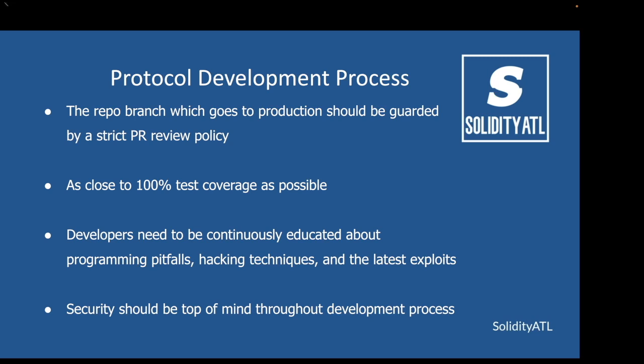The first point is having guarded policies with pull requests to whatever main branch is being used to deploy the protocol's code. So it shouldn't be possible for anyone on the team to force push code to the main branch or to run the production deployment pipeline.